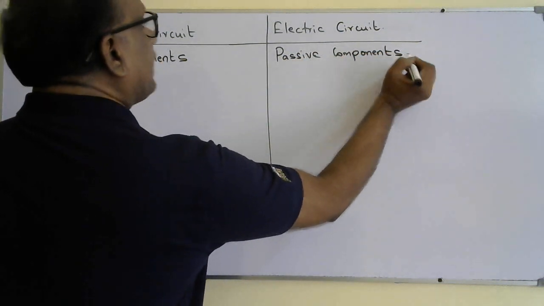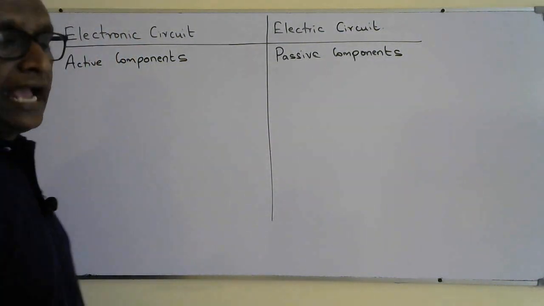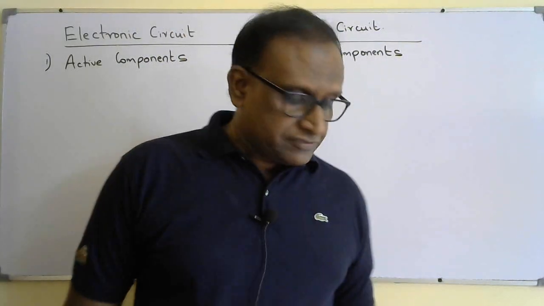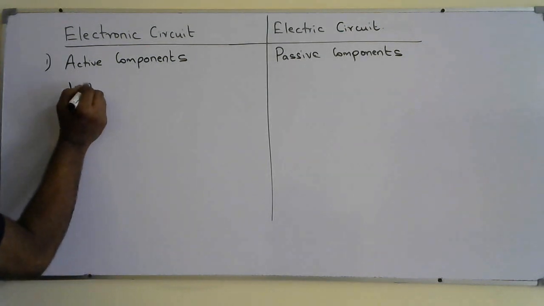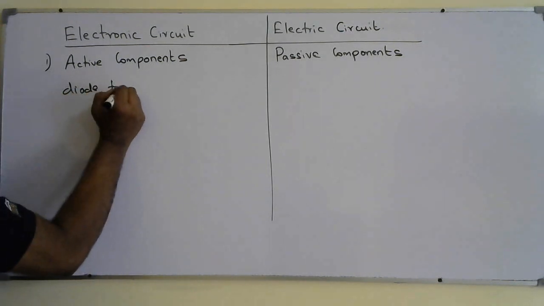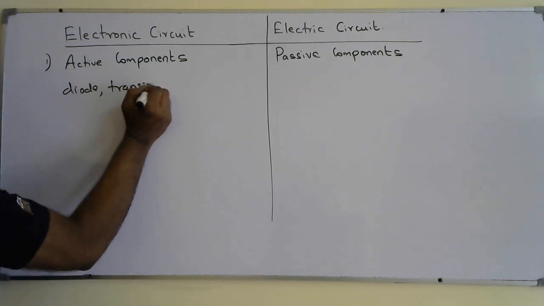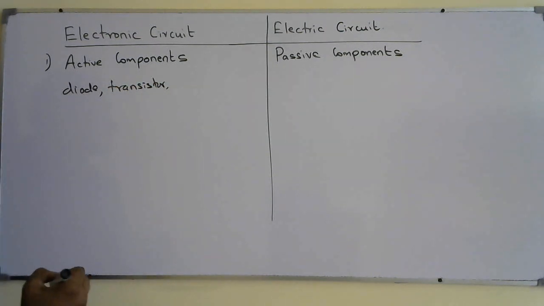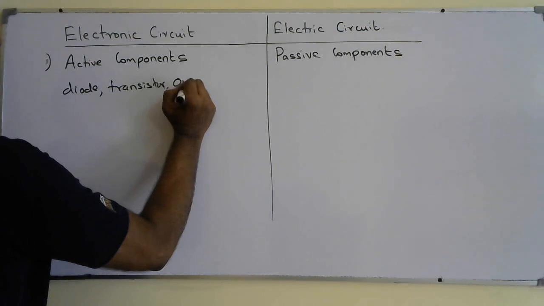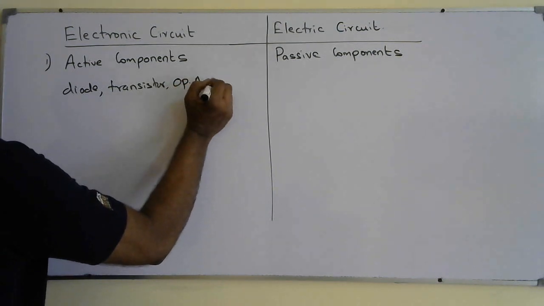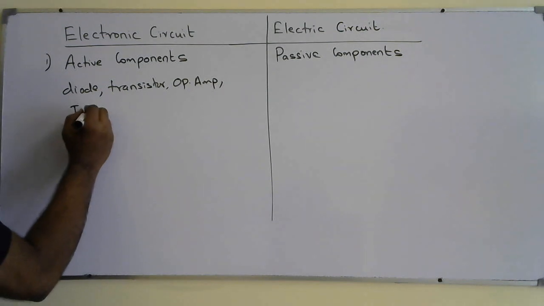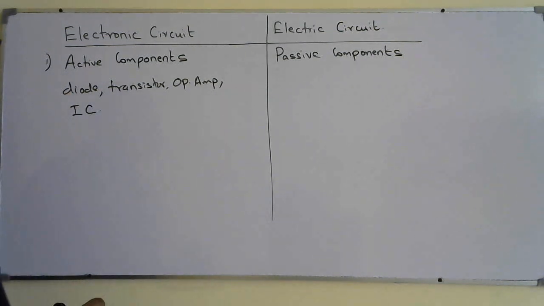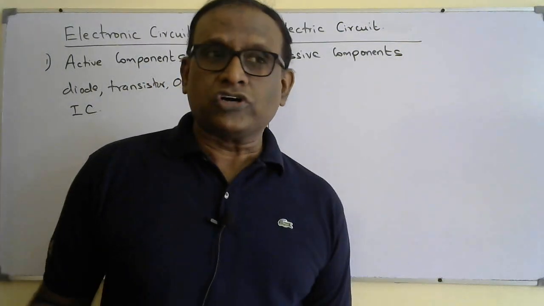So what do we mean by active components? Examples of active components are the diode, transistor, operational amplifier, short for op-amp, and integrated circuits. These are the active components. What are the passive components?